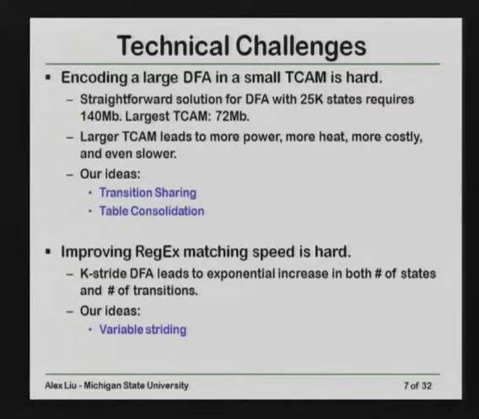If you build a DFA that consumes k characters, that's called a k-stride DFA, so basically every edge in the DFA will consume k characters. However, a k-stride DFA leads to an exponential increase in the number of states and the number of transitions. Our idea is called variable striding. At every step we consume a variable number of characters, without exploding the space.